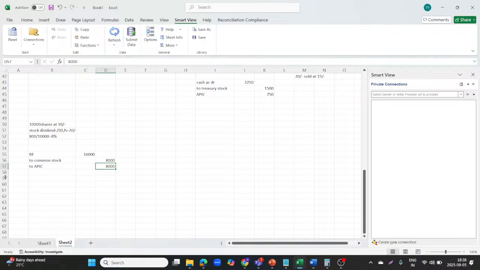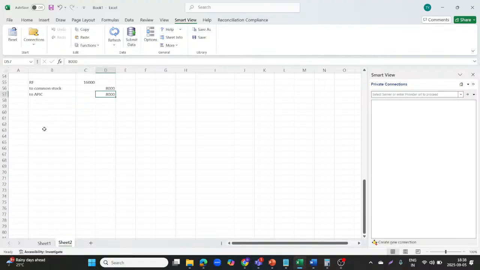Now take another case, a large stock dividend, which is the last case. Suppose Zinc Corporation declares a 30% stock dividend on its 10,000 shares outstanding. On the declaration date, Zinc stock is selling at 22 per share.